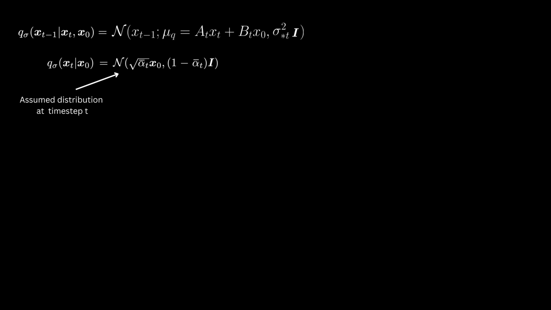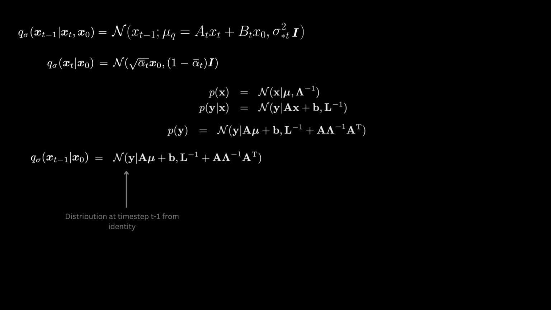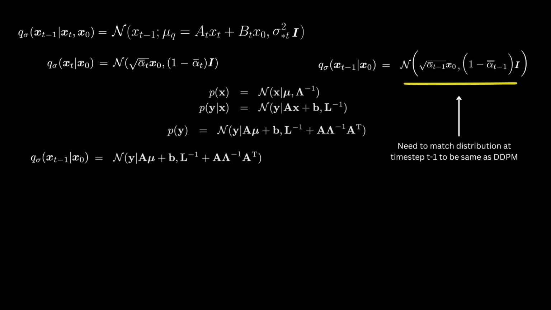We'll assume to have q of xt given x0 of the same form as DDPM, and then using the same identity get q of xt minus 1 given x0. But we know that we wish to have q of xt minus 1 given x0 to also be this distribution.